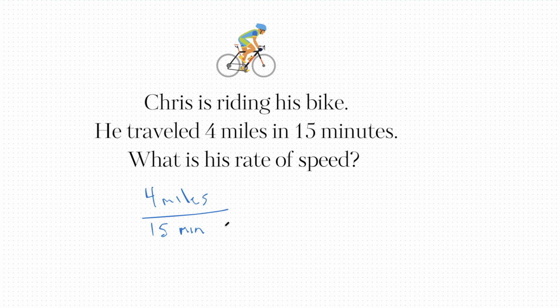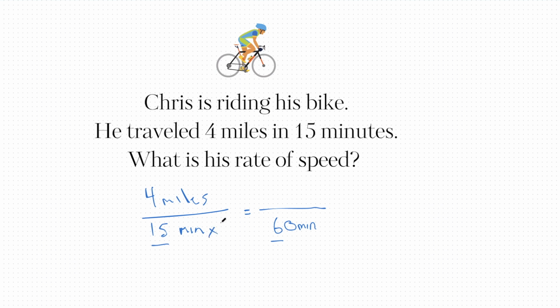The way we determine that is we want to know how many miles Chris will go in an hour. So I'm going to write another ratio over here, and an hour is 60 minutes, so I'm going to write 60 minutes here. Notice, to go from 15 to 60, we would have to multiply 15 times 4.